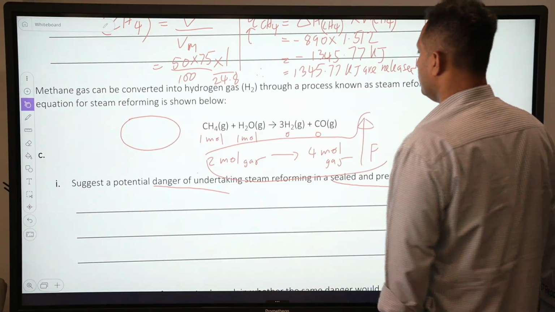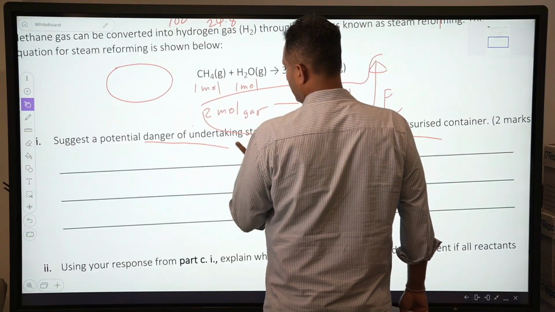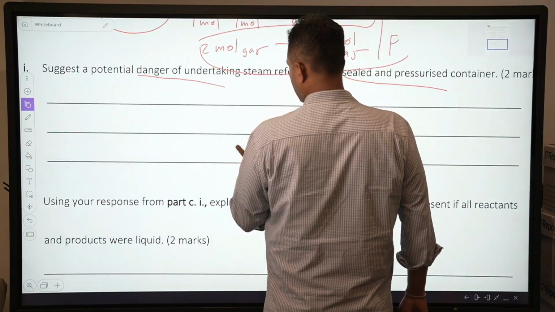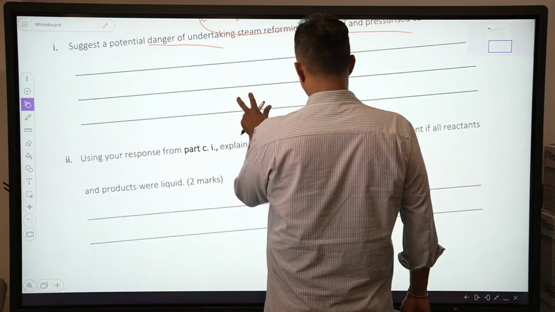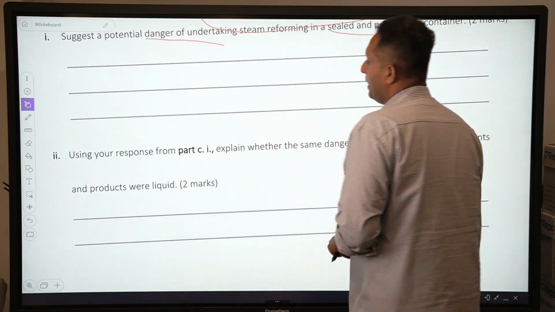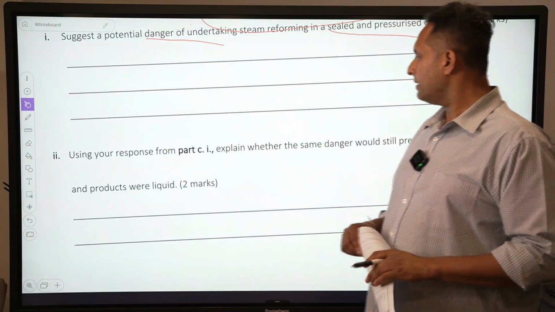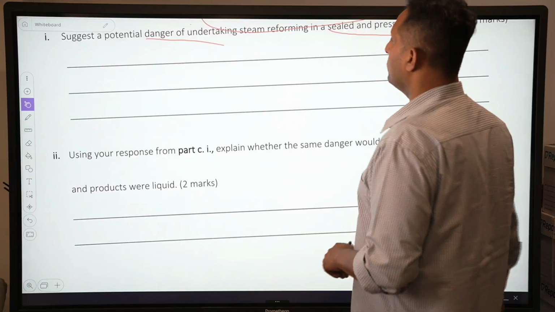Okay. Now let's look at the next question. Let me get the next one. The next question is asking you, use your response from part C1 to explain whether the same danger would still be present if all the reactants and products are liquid.